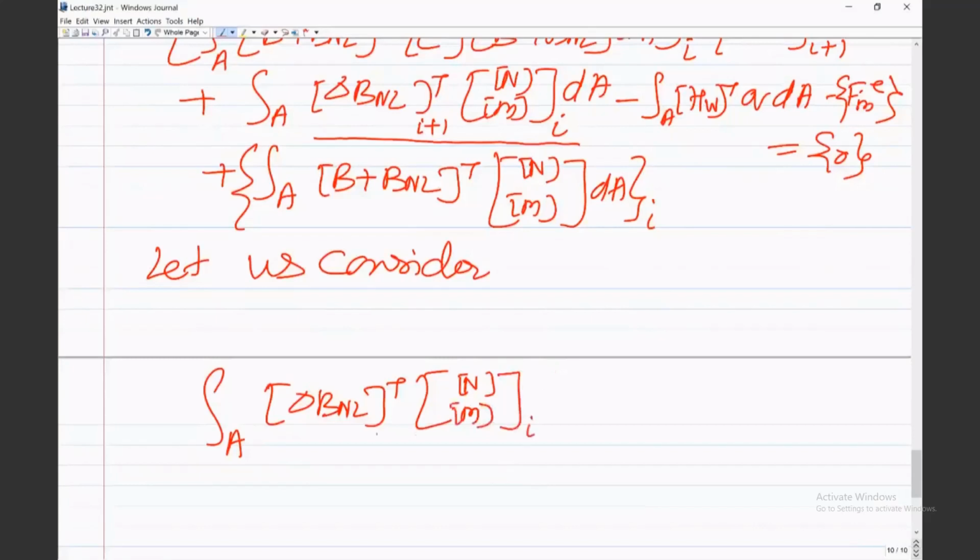This is evaluated at I, this is evaluated at I plus 1, into dA. The increment part is evaluated at the previous iteration. In the delta BNL, the last three rows are null vectors, so their product with M will be a null vector. You will be left with only the first three rows, which are multiplied with NXX, NYY, and NXY.